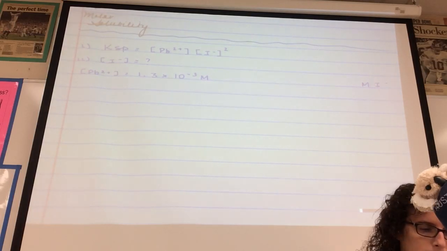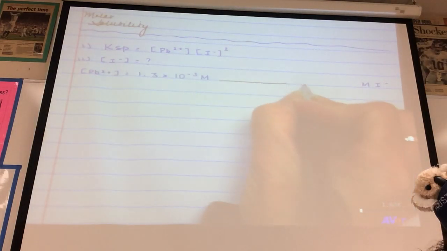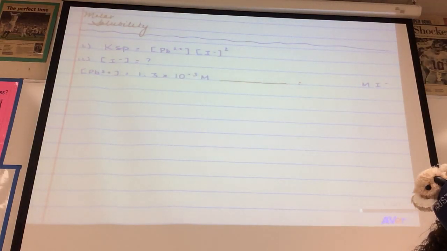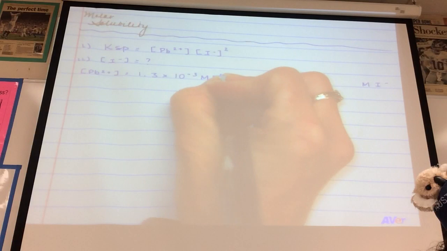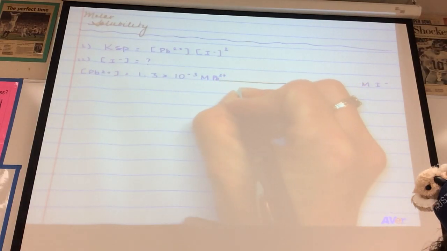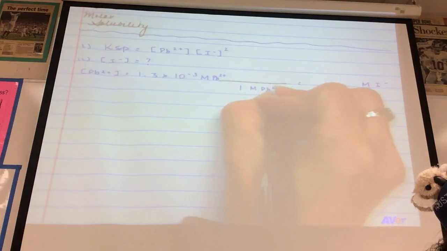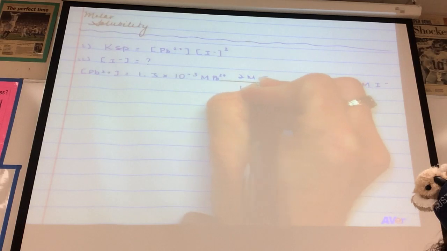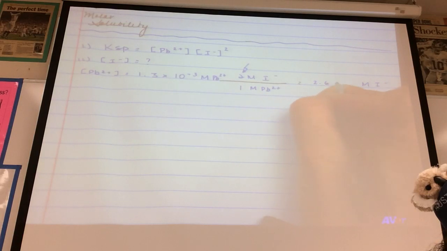It's really easy. Just going to do a mole to mole ratio, or a molar to molar, if you will. This is lead-2 plus. From the balanced equation, you can do moles, molar, it doesn't matter, to 2 molar iodide because of the coefficient of 2 in the balanced equation, and you have 2.6 times 10 to the negative 3 molar.